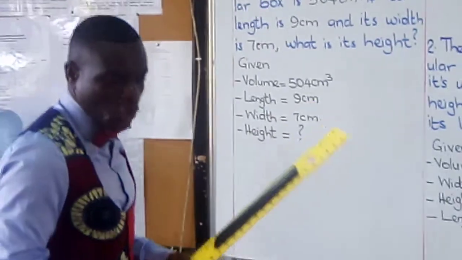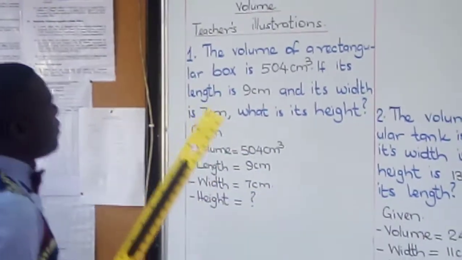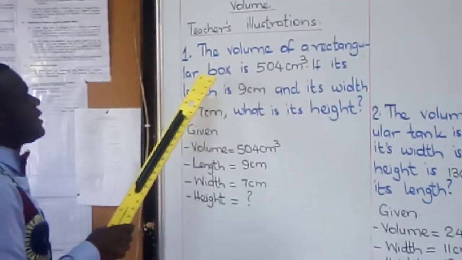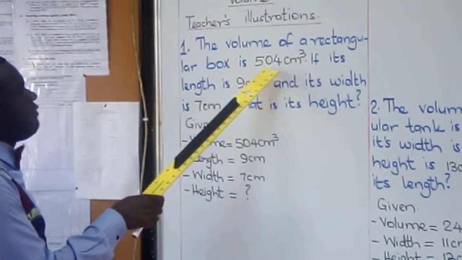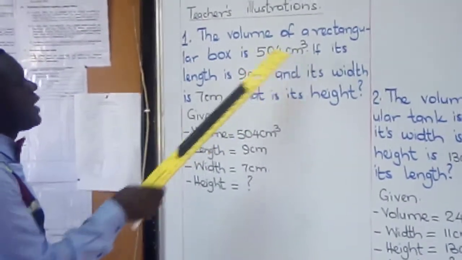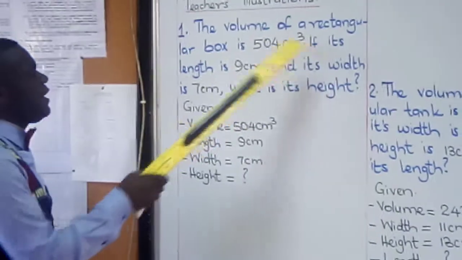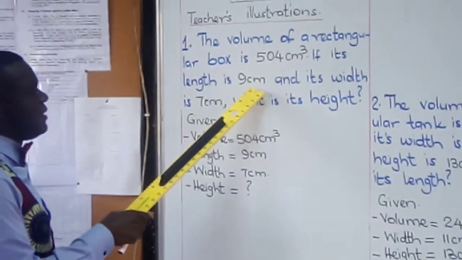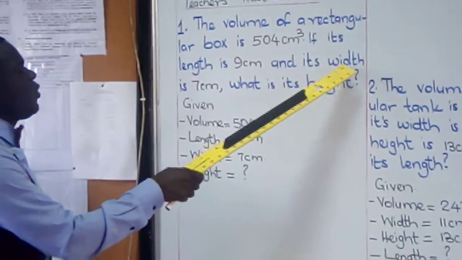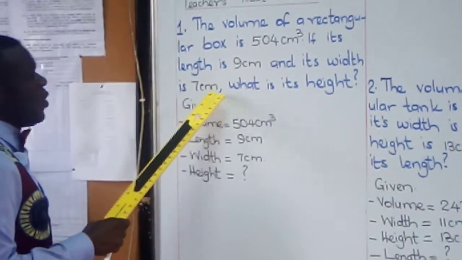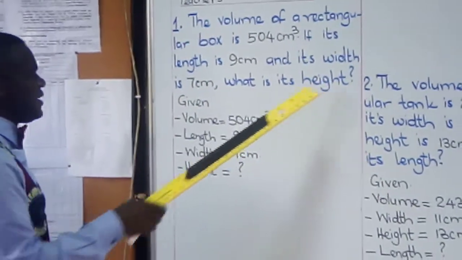The volume of a rectangular box is 504 cubic centimeters. If its length is 9 centimeters and its width is 7 centimeters, what is its height?